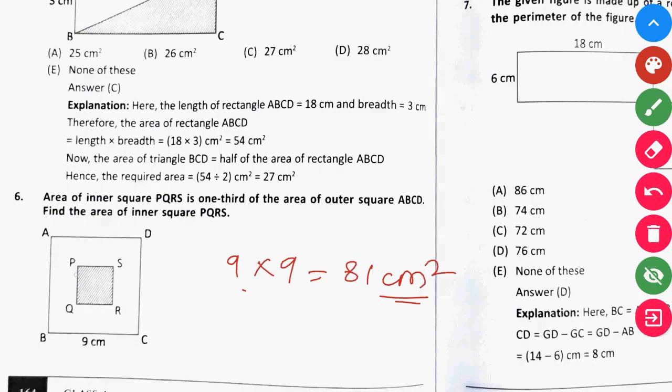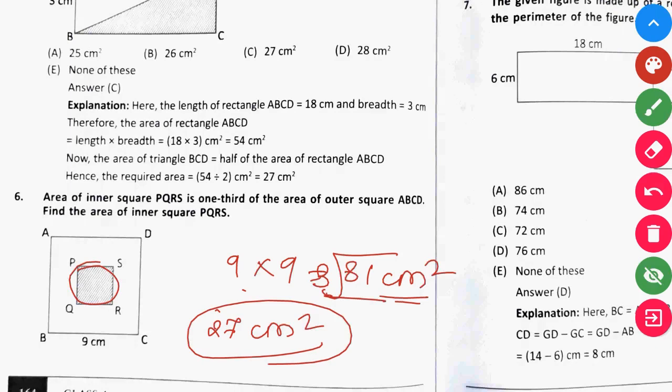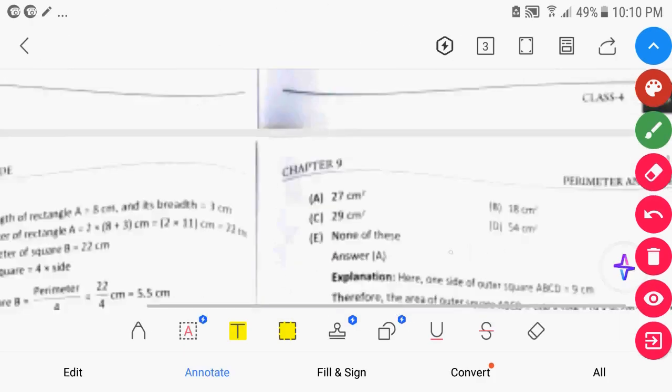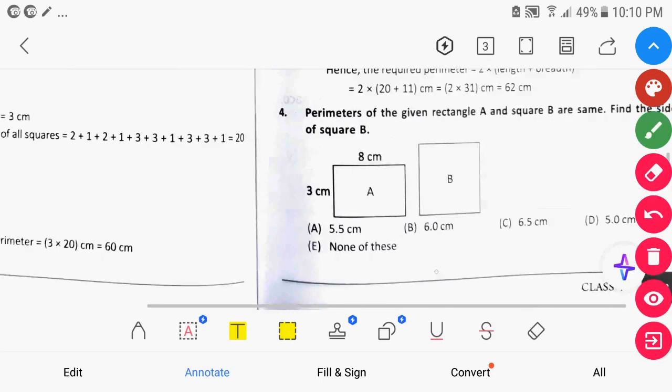Now inner square's area is 1/3 of this. 1/3 of this means divided by 3. So inner square's area is 27 centimeter square. Now find the area of inner square PQRS, which is 27 centimeter square, because it is 1/3 of that. Okay.